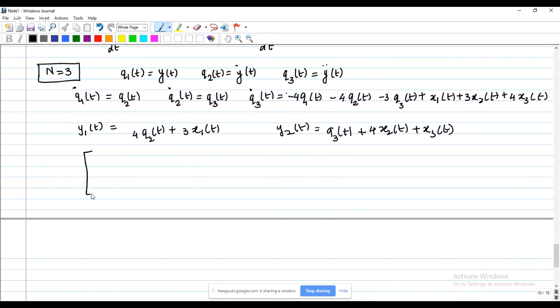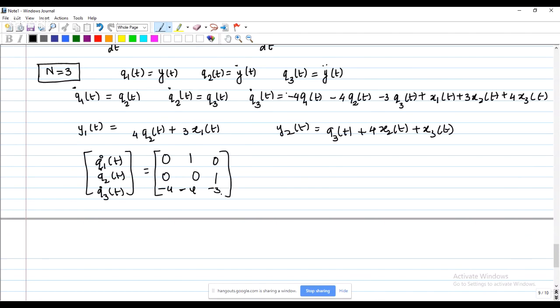So I'll write here q1 dot t, q2 dot t, and q3 dot t equal to A, which will be, now your q1 dot t has only q2, so I'll write 0 1 0. q2 dot t has only q3, so 0 0 1, and q3 has minus 4 minus 4 minus 3, will be with respect to q1, q2, and q3, plus now n cross m.